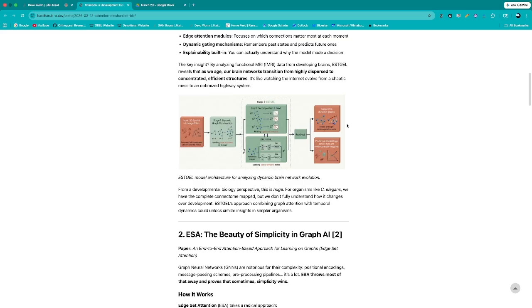Oftentimes in complex networks, they'll analyze a network in terms of how random it is or how ordered it is, and they'll use some framework, like saying something is scale free or small world, as sort of the ideal, and then look at where the network sits in between those ideals.